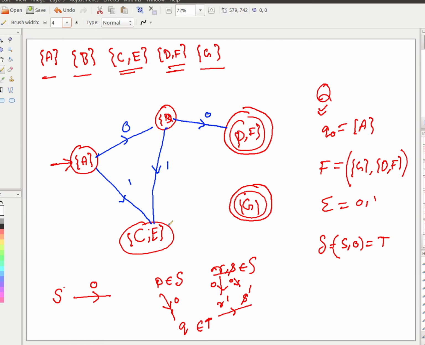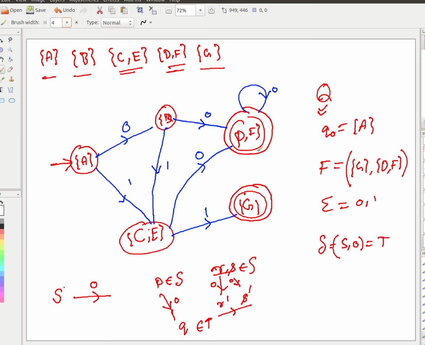C at 0 goes to DF, and C at 1 goes to G. DF at 0 remains the same, because D at 0 was remaining there and F at 0 is also going to D. So still it goes to the same block.